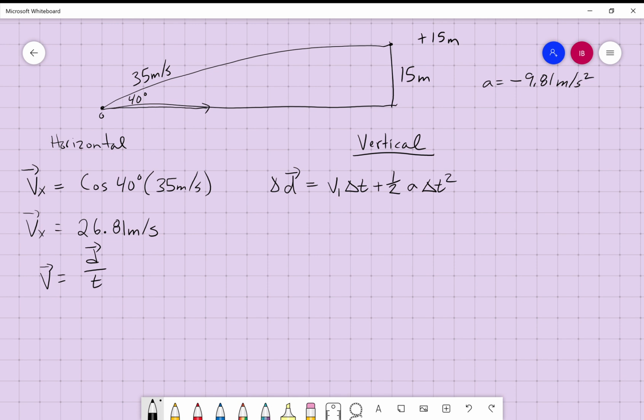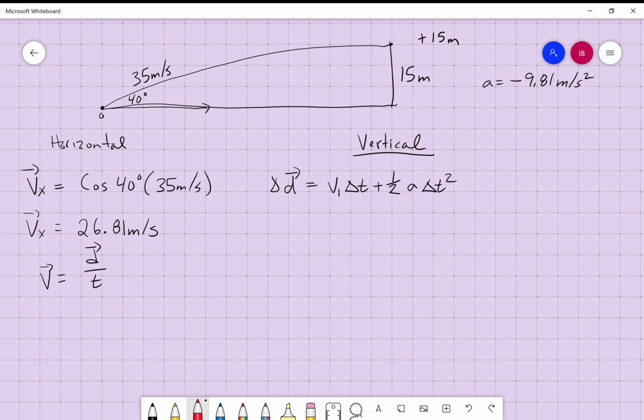And I know you're using the v squared one. That'll be for the second problem. So for this one, we need to know what our v1 is, our vertical velocity. So we're going to use trigonometry.